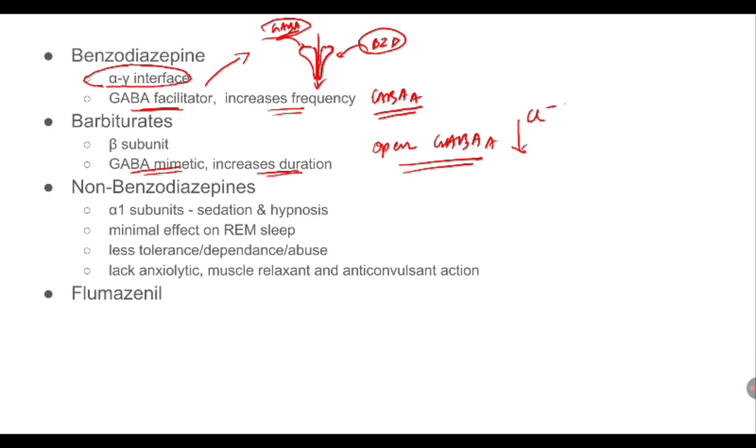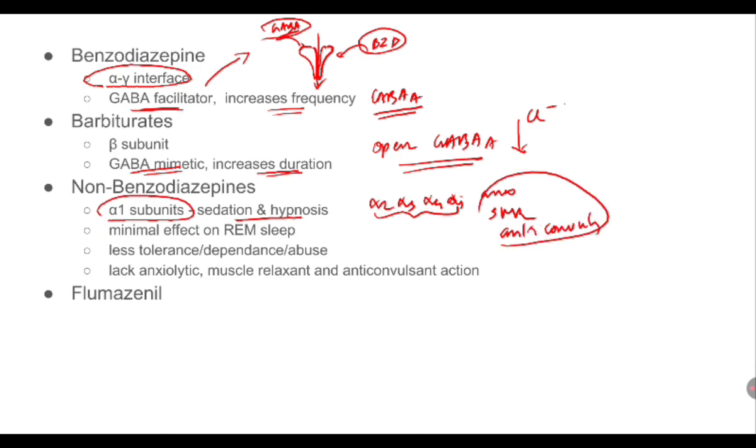Whereas non-benzodiazepines are binding to the alpha 1 subunits, which causes sedation and hypnosis. Other than alpha 1, alpha 2, alpha 3, alpha 4 and alpha 5 deal with anxiety, skeletal muscle relaxation and anti-convulsant action.